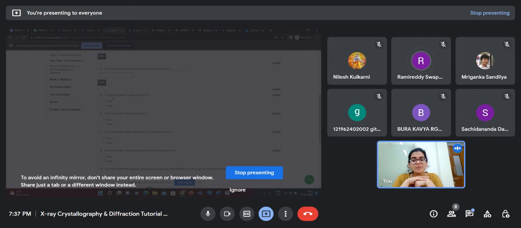Does anyone know what is the difference between point group and space group? Madam, point group is the atom or lattice point we consider along with its surroundings, and there are different combinations, and these combinations are 32.